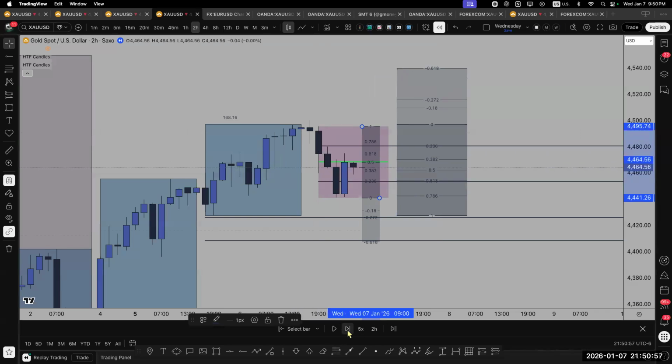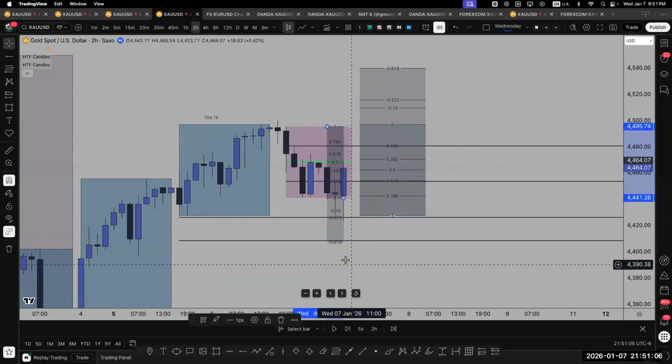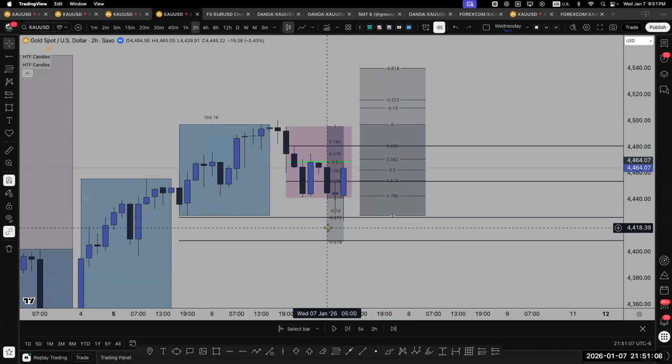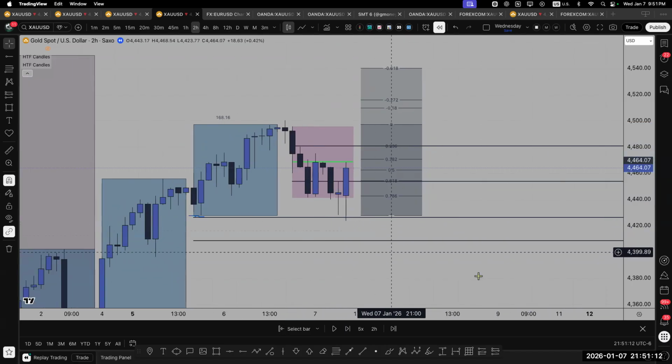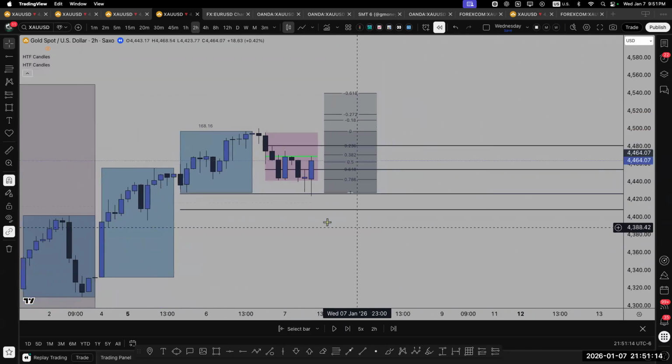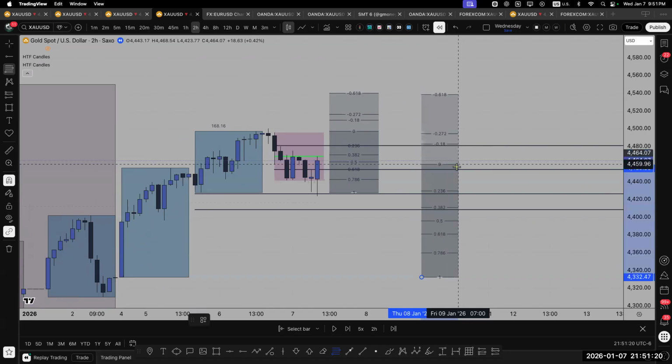And then from there, see, price touched the negative 18 and it touched the 272. It also gave us a lower low. And then also we finally touched that 23% level, right? Of Monday. Exactly. Spot on.